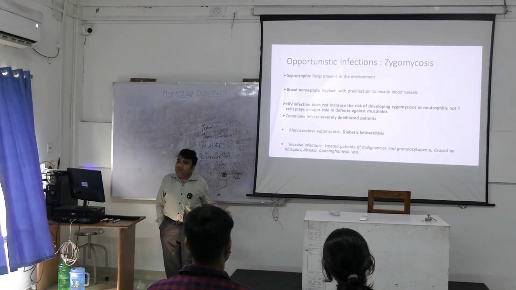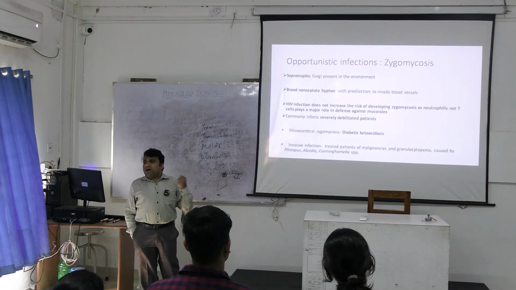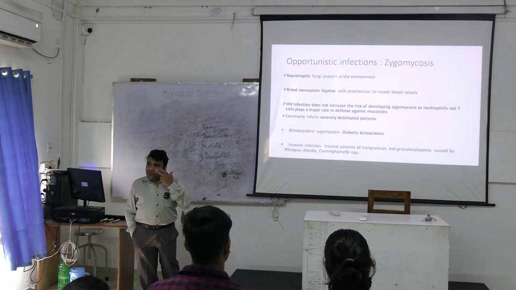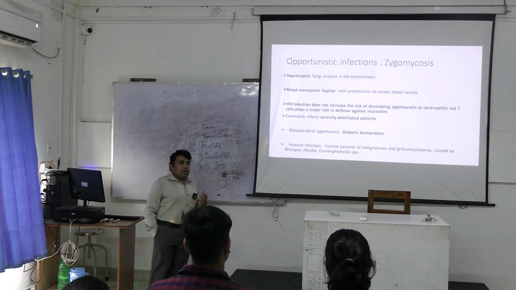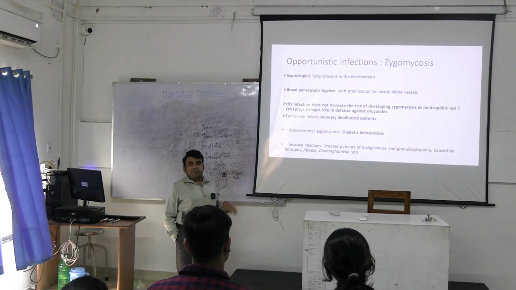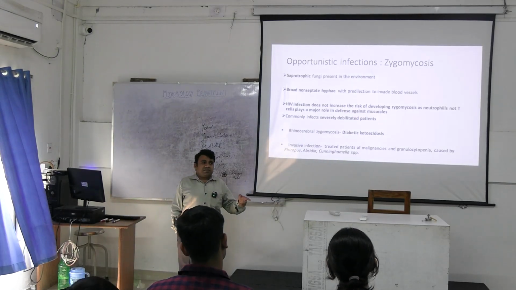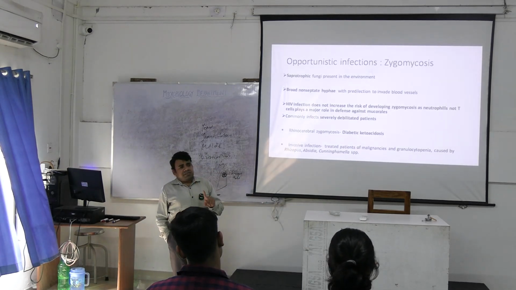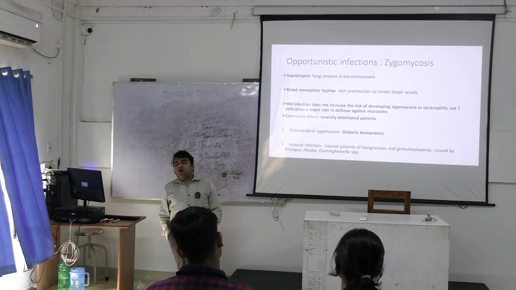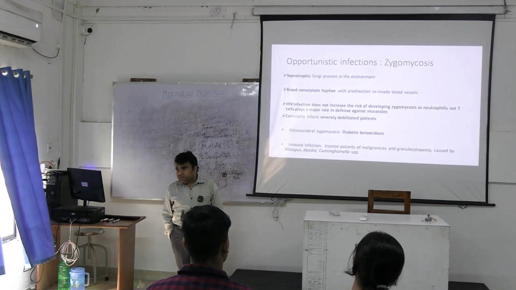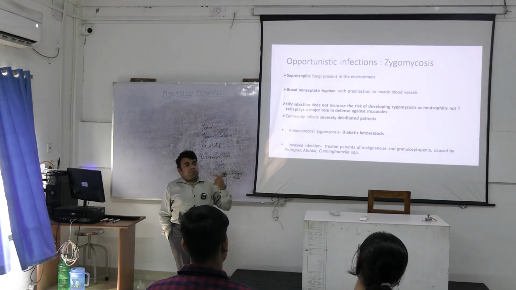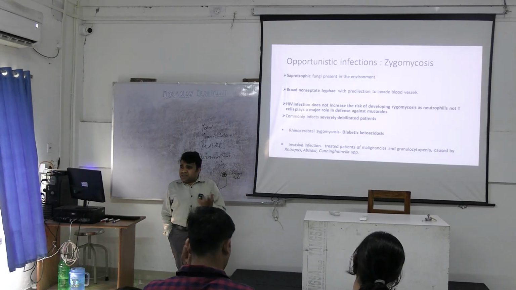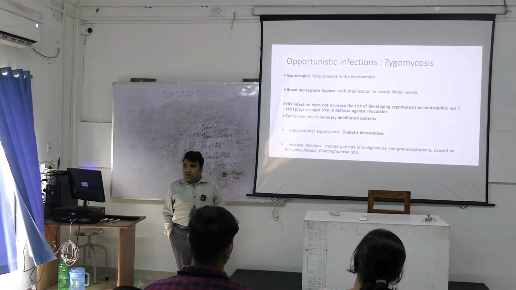The infection is again similar to that of aspergillosis, by spores. Commonly affected are the nose, that is the sinuses, and the lungs. Like aspergillus, they spread rapidly, but one very different thing is they can cause great tissue destruction, and they have a higher propensity to invade into the blood vessels, hence causing local bleeding.